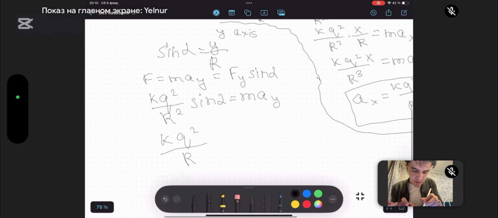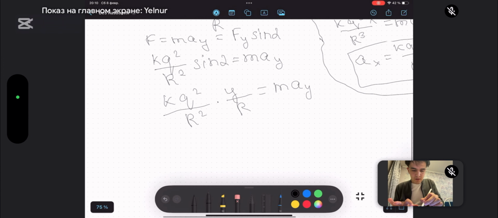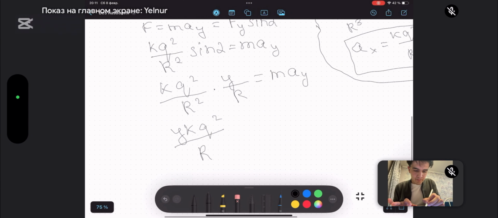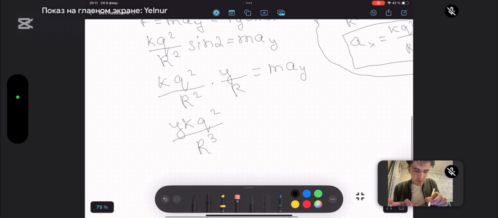We can write kq square over r square multiplied by y over r, where y over r is our sine alpha, equal to m a y, and then k y q square over r cube will be equal to m a y.